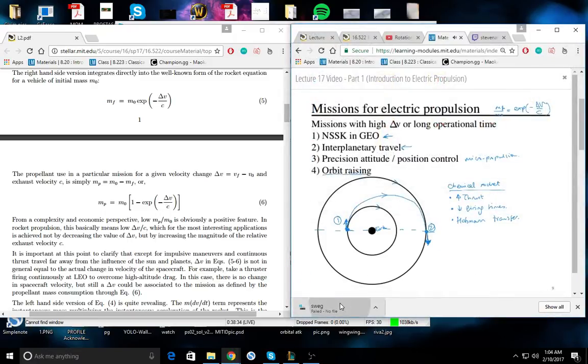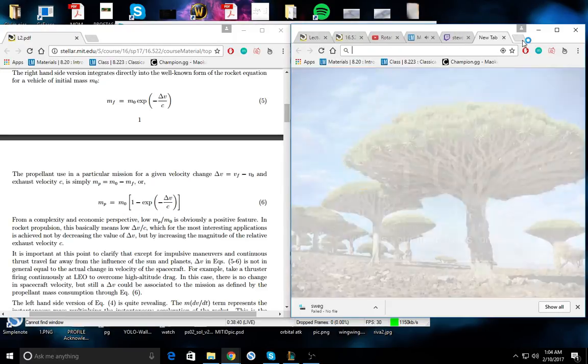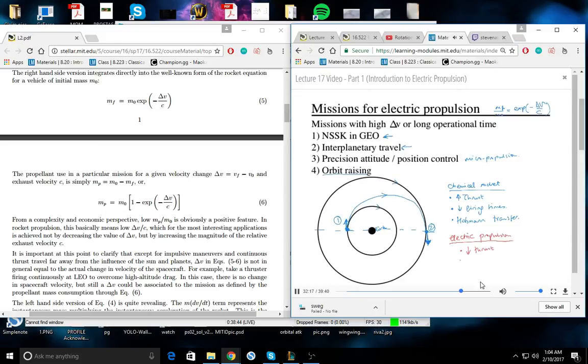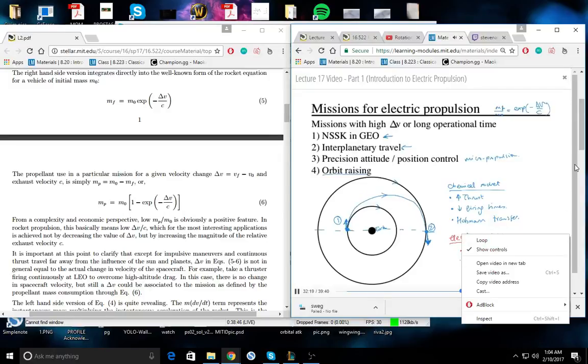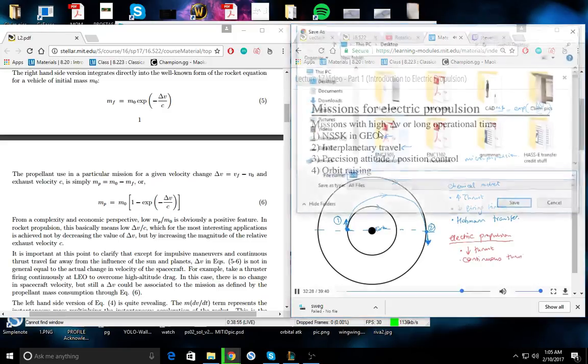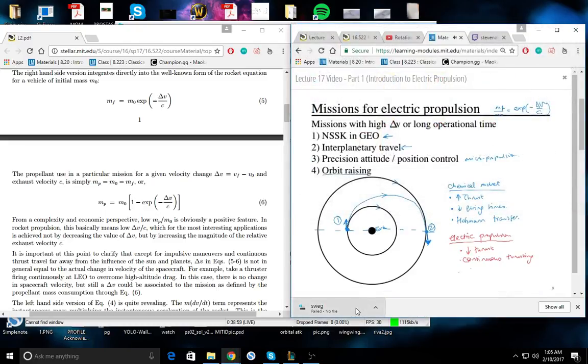Now, if we do this using an electric propulsion system, we have very low thrust levels, but we can fire continuously. So typically what we do is what we call a spiral climb.